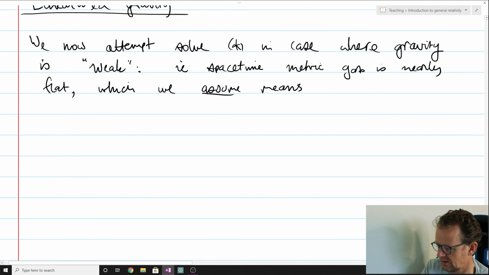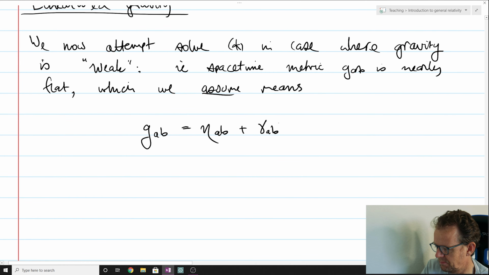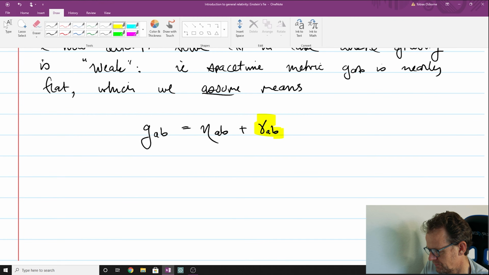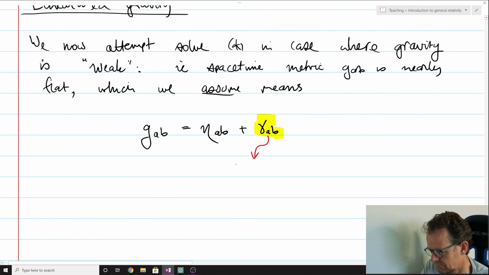And for us, that's going to entail an assumption, namely that the space-time metric is somehow equal to the flat metric of Minkowski space-time plus a bit, a small perturbation. And this small perturbation is going to have to be small, whatever that means.